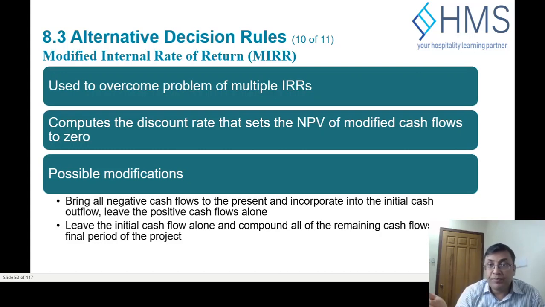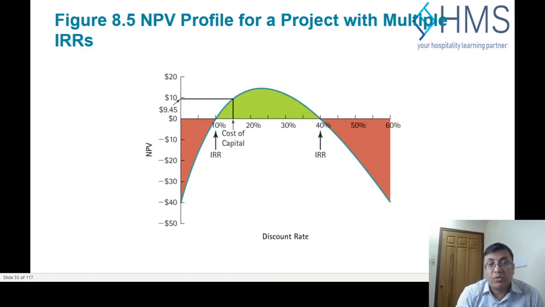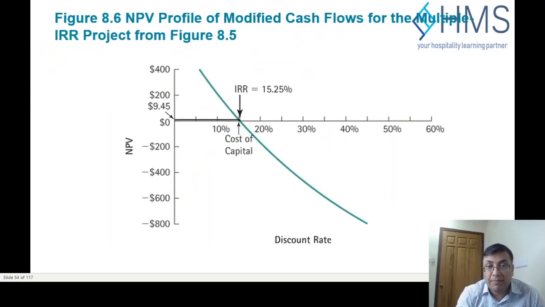Then you calculate the IRR. In this case also you will get only one IRR, but it does not remove all the technical problems of IRR. It still remains the same because the modified internal rate of return follows the same principle that every return is going to be reinvested at the same rate as the IRR. So the problem remains the same.